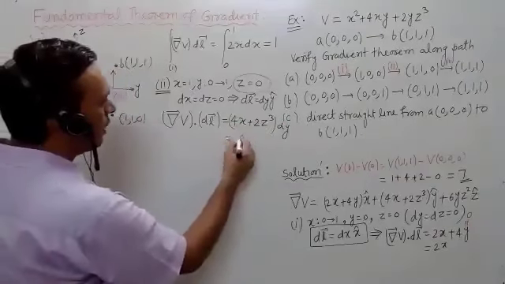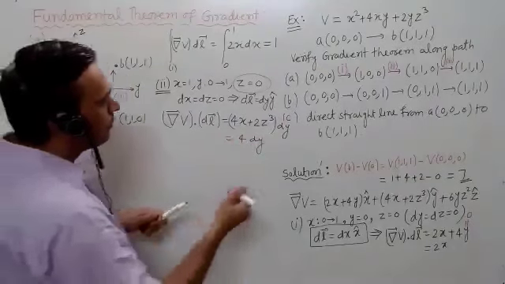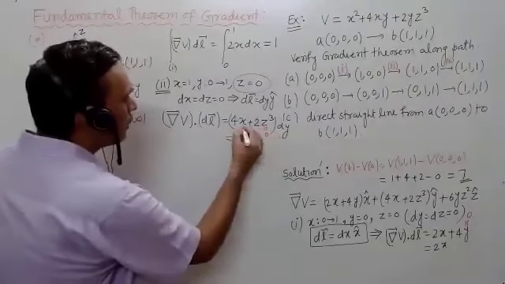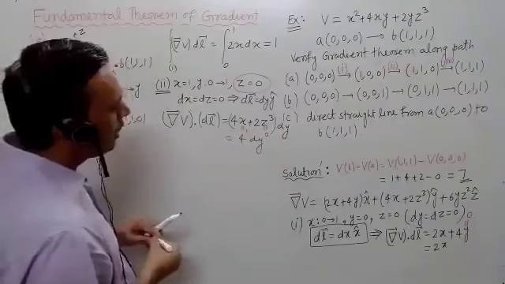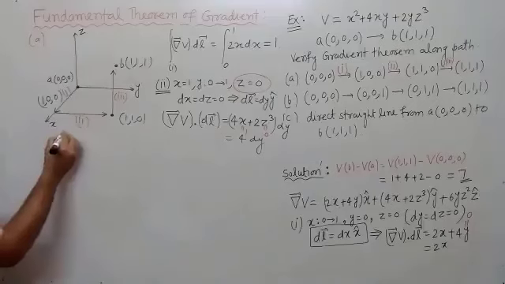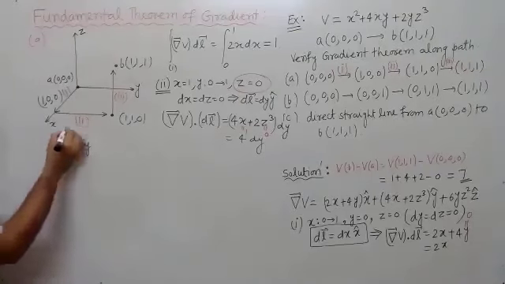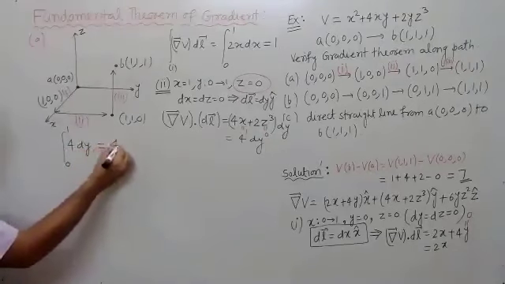So this will be 4 dy. Is it clear? Z is 0 and x is 1. So integral will be 4 dy, and y varies from 0 to 1. So this integral is 4.